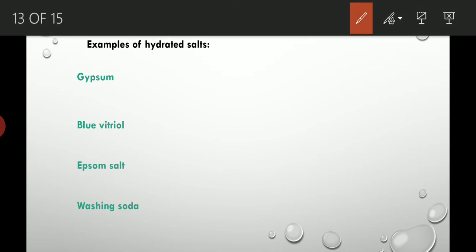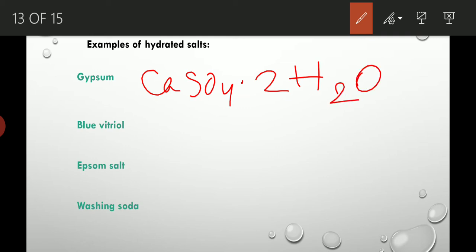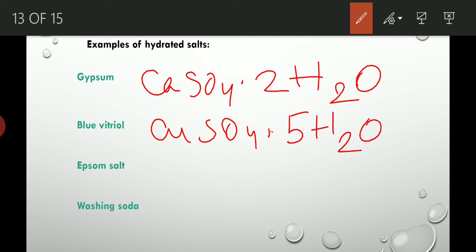Now, these are the examples of hydrated salts. First is gypsum. Gypsum is calcium sulfate, CaSO4 dot 2H2O. It contains 2 water of crystallization. Next is blue vitriol. It is copper sulfate, CuSO4 dot 5H2O. Next is Epsom salt.